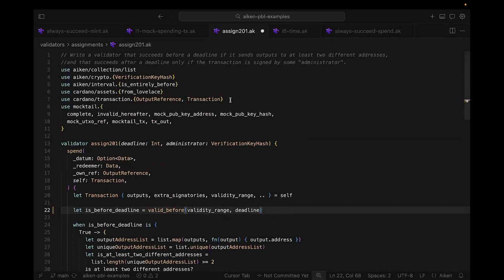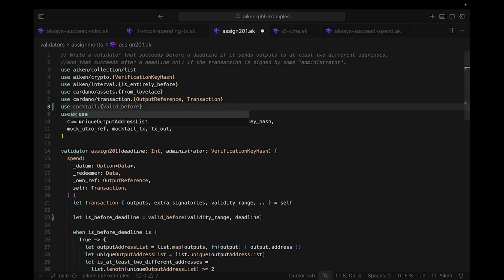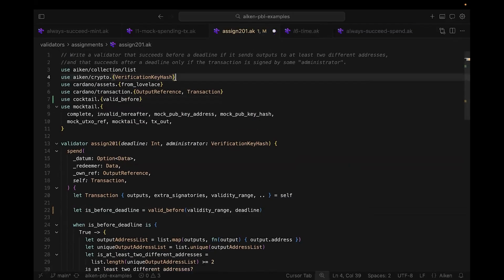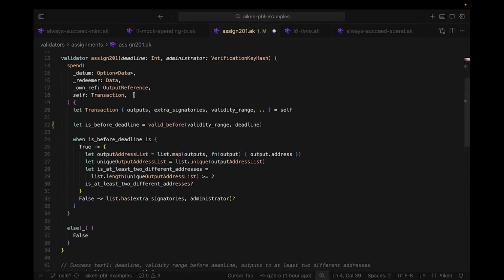Do we have anything from cocktail? No. Use cocktail valid before. And then we can remove this. So this will tell us if it is before the deadline.